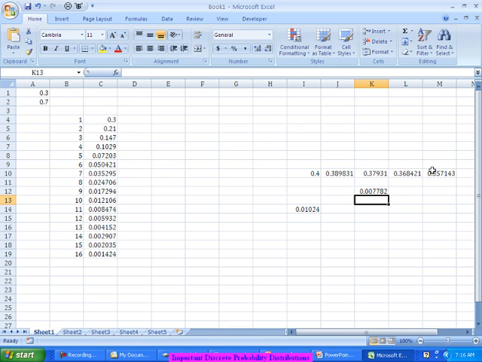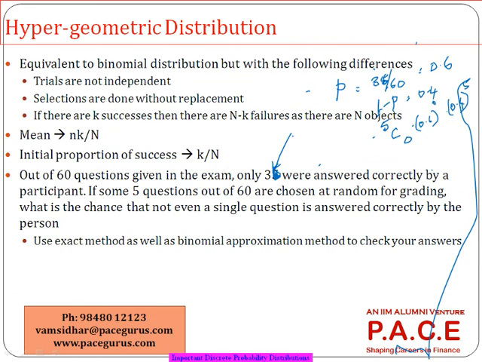And in that case, I have to resort to the hypergeometric, where the solution comes through this kind of mechanism. The only thing in the case of hypergeometric is that the mean will match your binomial. The average value will definitely be a match. Here, the mean in this example is 5, because I am picking 5 questions at random, times K, the successes out of the 60.